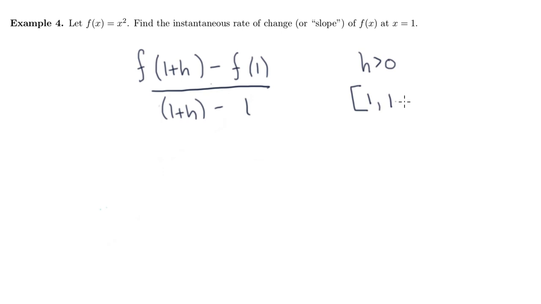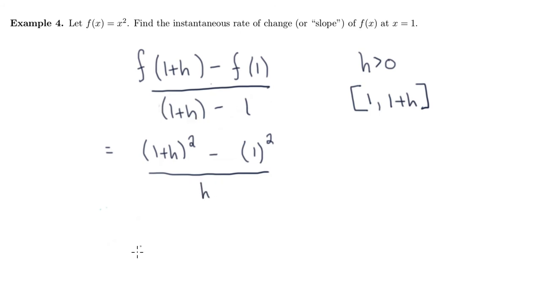Let's first see what this is equal to. f of 1 plus h is 1 plus h squared, and f of 1 is 1 squared. And 1 plus h minus 1 is just h, because 1 minus 1 is 0.